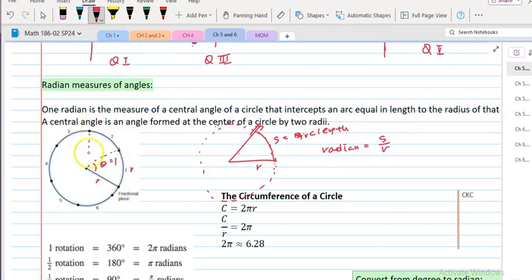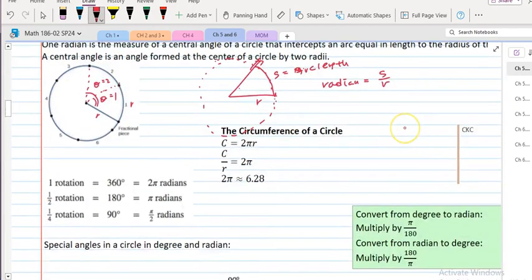And then 2 would be when the angle goes this far, theta equal to 2. That means this is 1 r length, and this is another r. So 1 and 2 are the ratio of the arc length to r, so it has no unit. What about the whole circle? How many radians do we have?